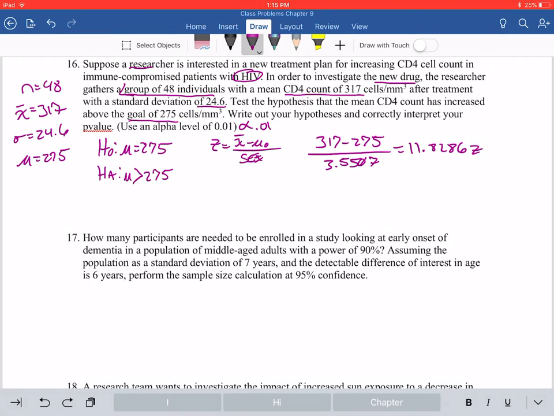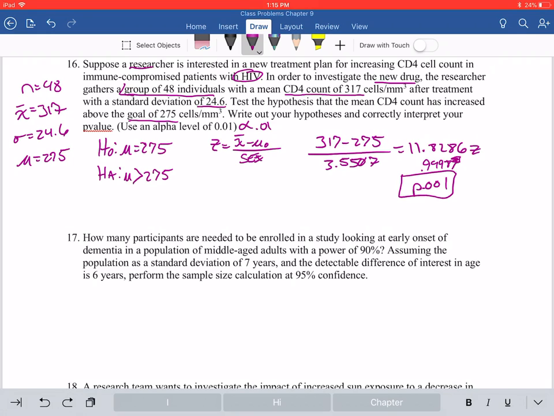Now, that's your Z. Remember, if you go to the back of the book, we're not going to find anything above 3.49, because a value at 3.49 is going to be 0.9998, and since this is higher, it's going to be greater than that, right? So we know our p-value is going to be at least 0.001. So anything above 3.49, say p-value is 0.001.